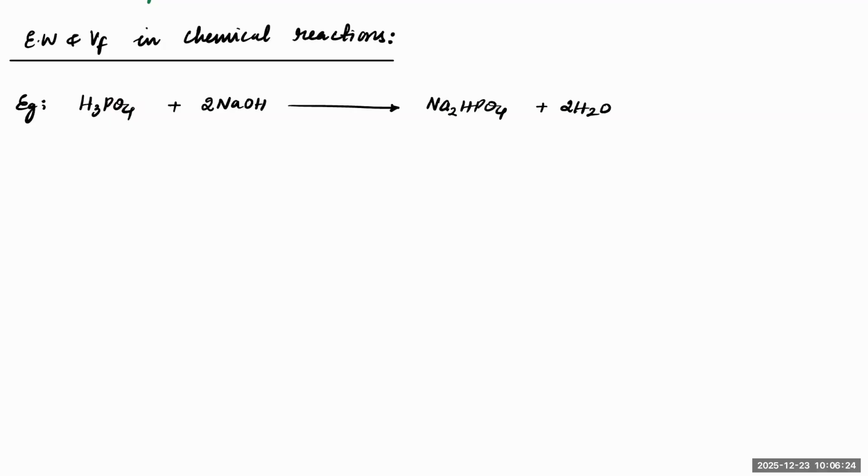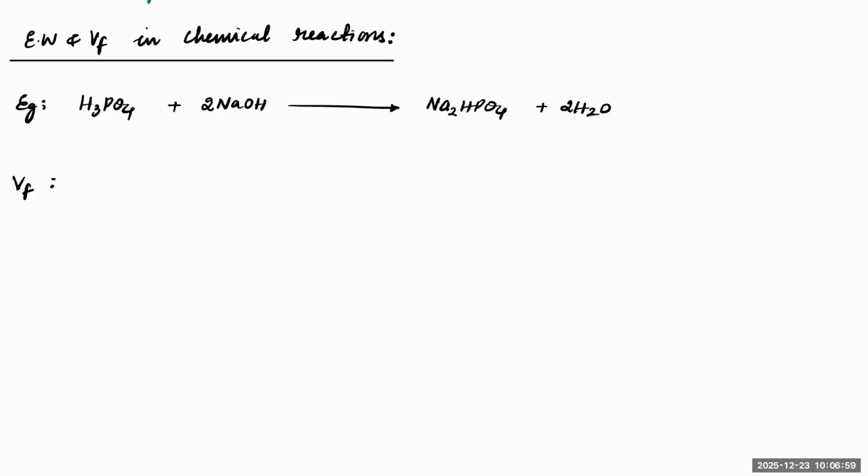In that case, what would be the equivalent weight? For that, we need the valency factor. So let me write down the valency factor here. Have you noticed that H3PO4 usually has the ability to donate three hydrogens, correct? Because all three are ionizable. But in this reaction, is it giving all three? Check out, H3PO4 has given two of them and converted into this part.